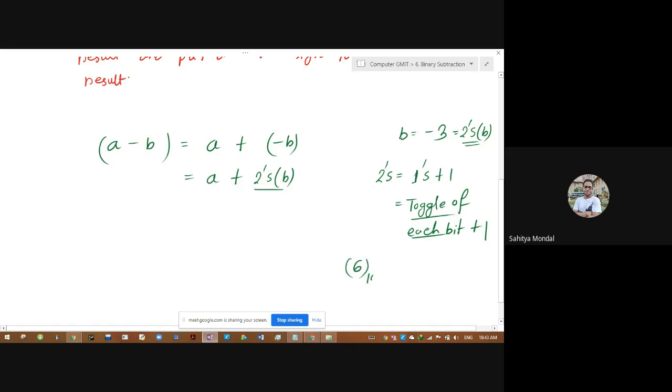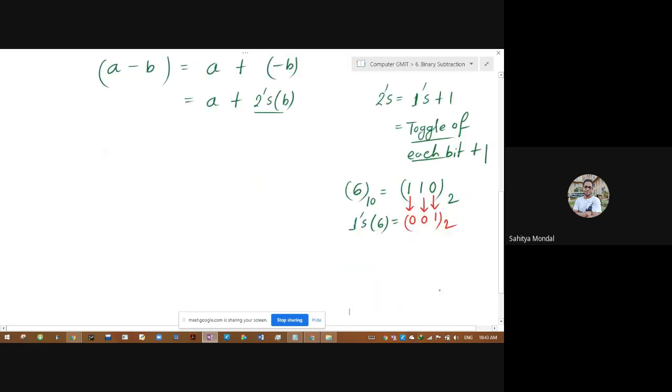If we convert 6 into binary, it will be 110. If I produce the 1's complement of 6, then what will happen? Each bit will be toggled. Toggle means opposite. So it was 1, it becomes 0. It was 1, it becomes 0. And it was 0, it becomes 1. So this is my 1's complement.